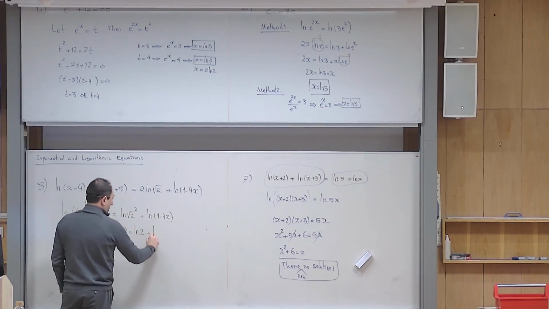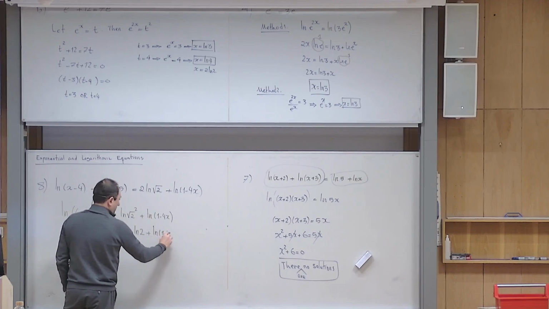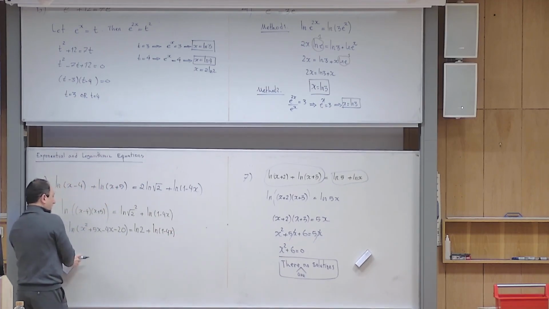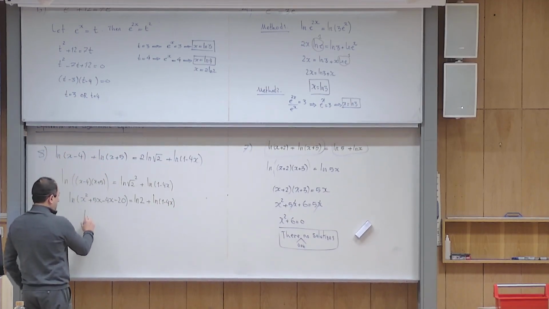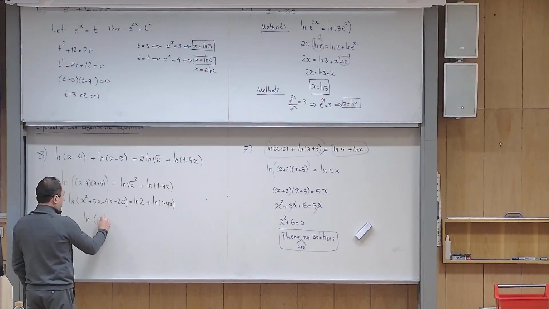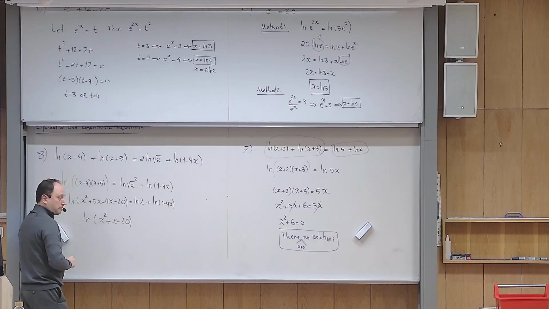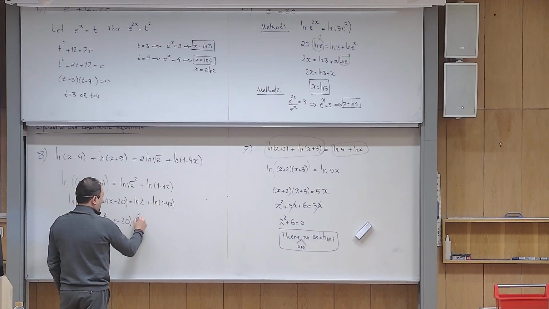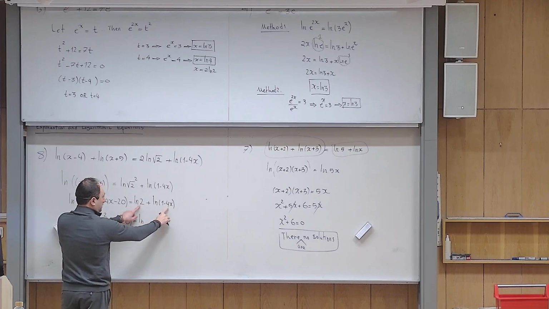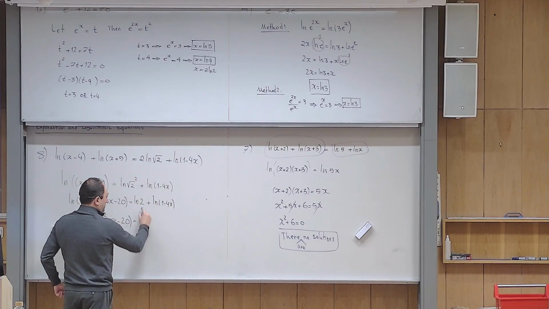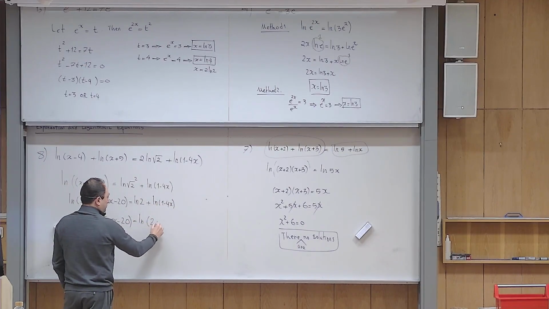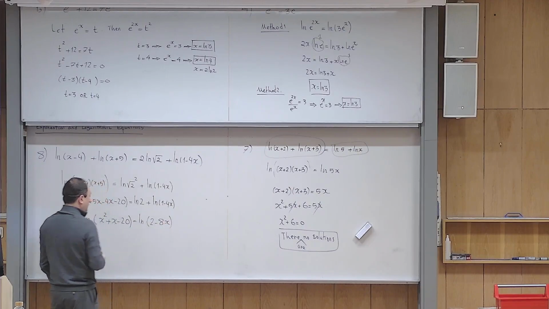And then I have ln of (1 minus 4x). I simplify the left-hand side, so it becomes ln of x squared plus x minus 20. And then the same story here. I can write 1 ln and multiply them, but let us multiply them in one go. It becomes 2 minus 8x. Do you agree with me so far?